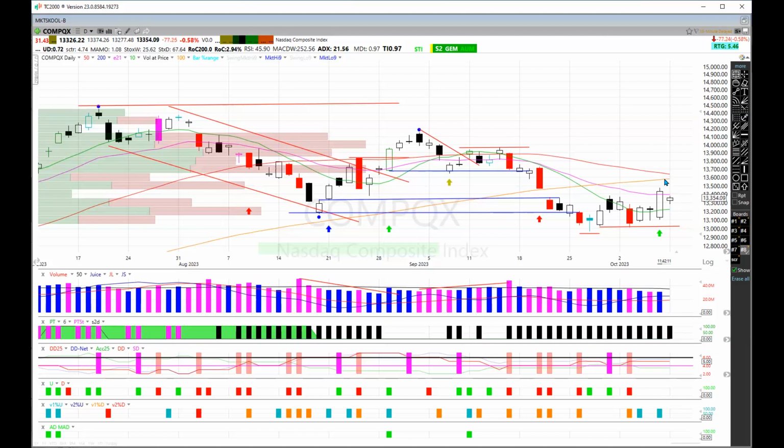So the key thing to watch today is if this becomes a distribution day. If it does, then that doesn't bode too well for this rally, because typically if you get distribution within the first three days, then there's a high probability that the up attempt will fizzle out, and then we'll be looking for another day one again.